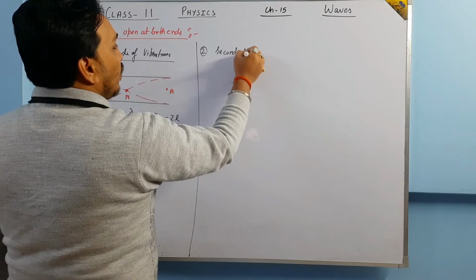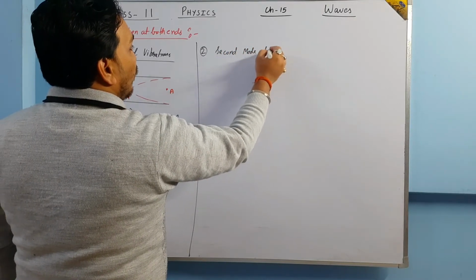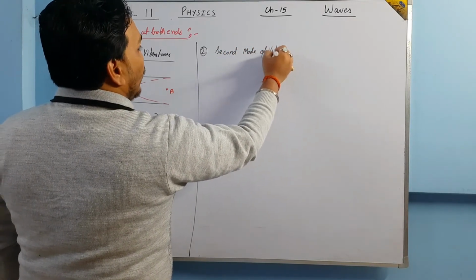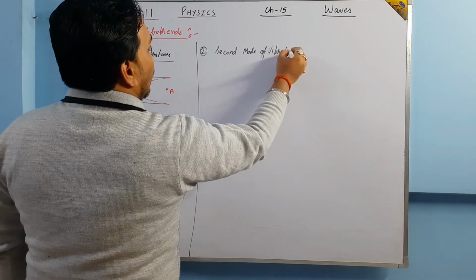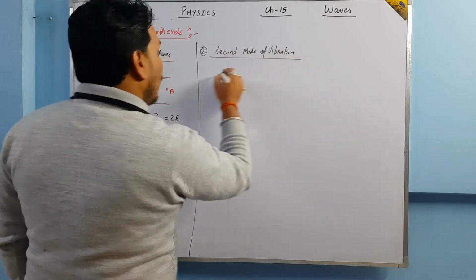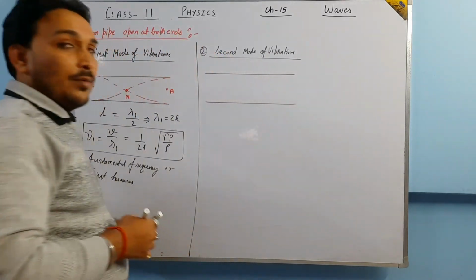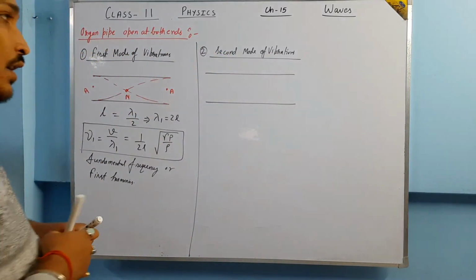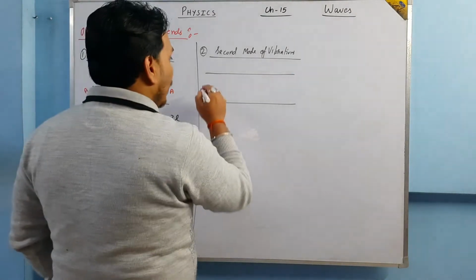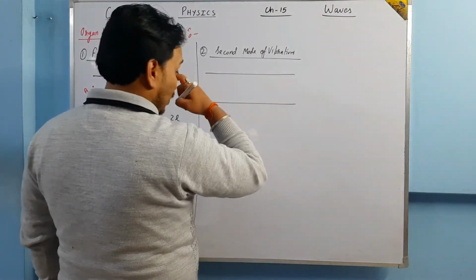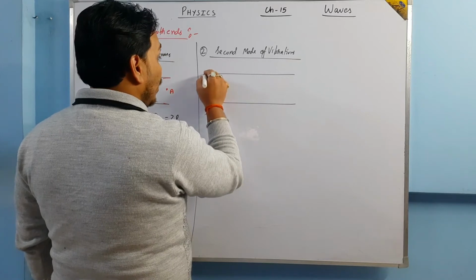Now let us move to the second mode of vibration. Again the organ pipe is open at both ends, so an antinode should be at both ends.